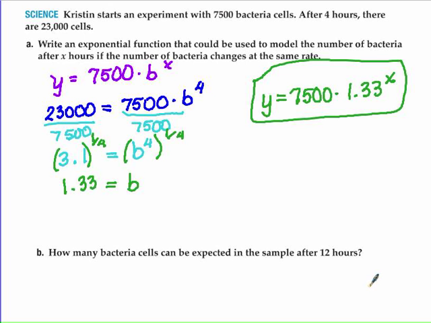Now the next statement says how many bacteria cells can be expected in the sample after 12 hours. So what do I do now to find that? Yep. Go ahead and plug 12 in for x. So really you should have 7,500 times 1.33 to the 12th power. So how many?